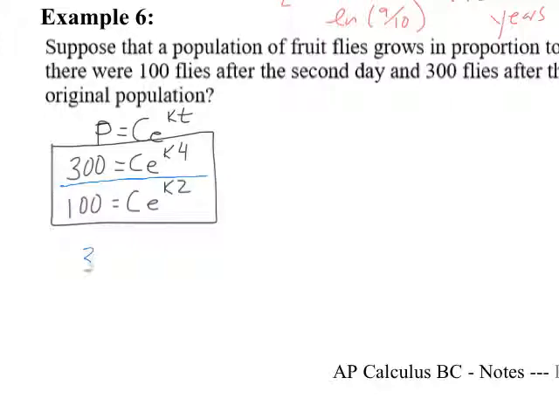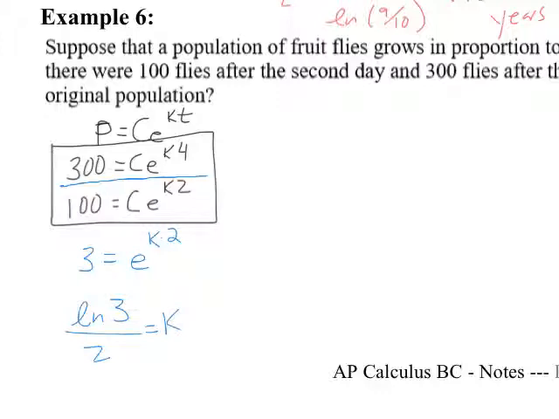And if we do that, what happens is the C's cancel, and the e^(4k) over e^(2k) becomes e^(k times 2). And now we have one equation with one variable, and we can solve that for k, and we take the natural log, and now we know what k is.